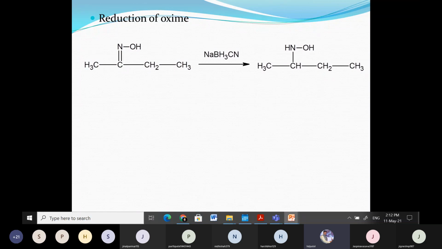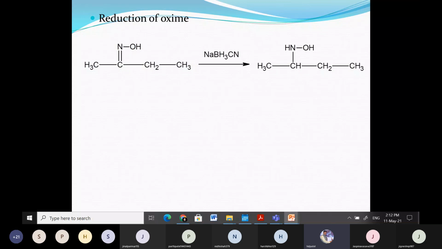Then this sodium cyanoborohydride is also useful for the reduction of oximes. Now how can we prepare an oxime? Here in the beginning we have the compound that is called a ketone, CH3 C double bond O CH2 CH3, and then by treatment with NH2OH, that is called hydroxylamine.